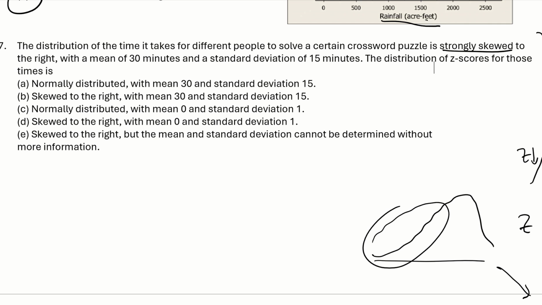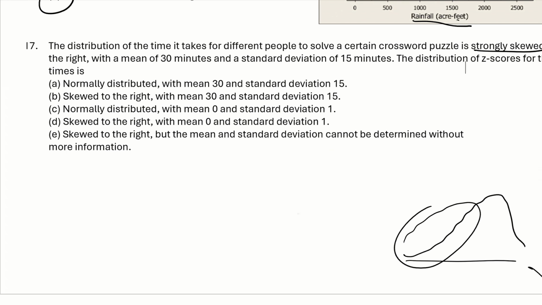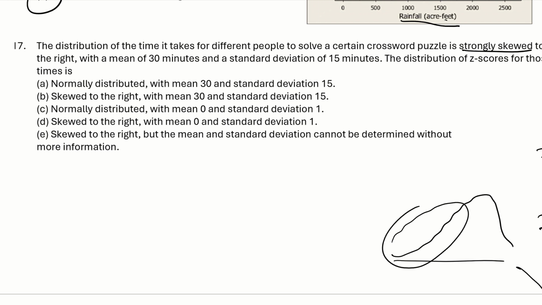So when we look at this, remember that this is a transformation question. So this is a question that's dealing with transformation. What happens to the shape if I transform it? Remember, to calculate the z-score, I have to take the value minus the mean, divided by the standard deviation.